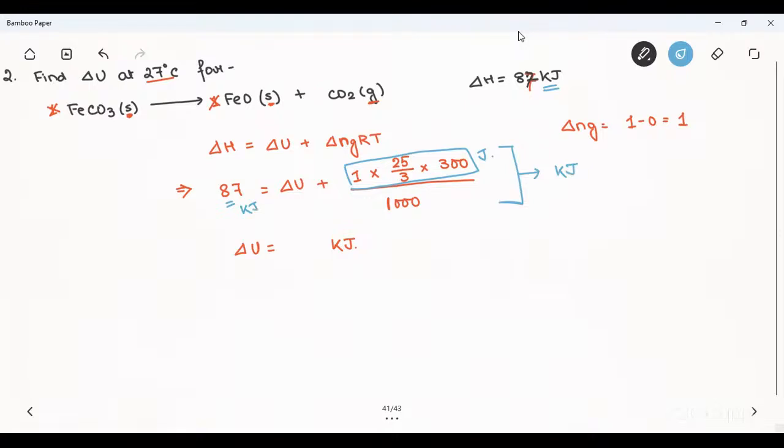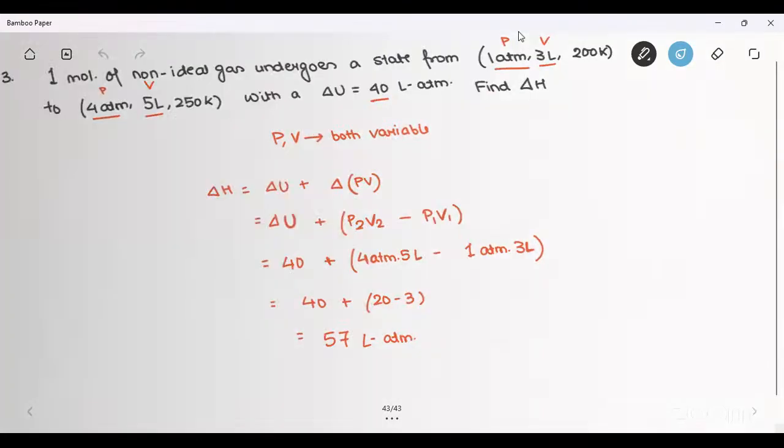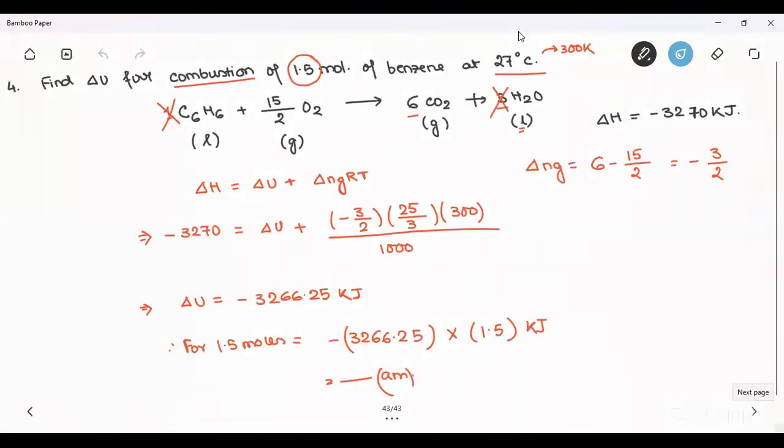If in your question, instead of kilojoule, 87 joule is given, then your equation would be delta U plus 1 into 25 by 3 into 300. No need to divide it by 1000. If in place of 87, it was given as 87 joules, then don't divide it by 1000. Clear? Yes, ma'am. So that is the reason I was dividing.